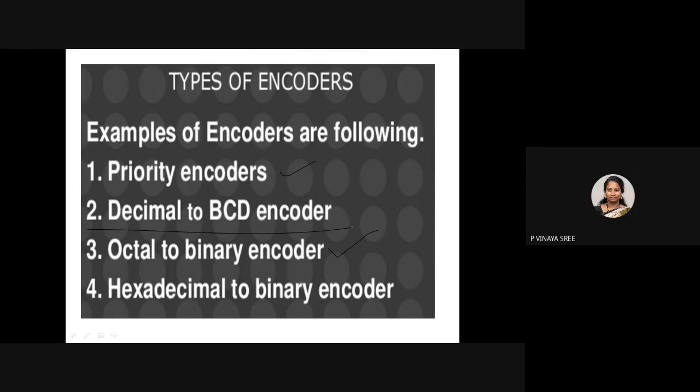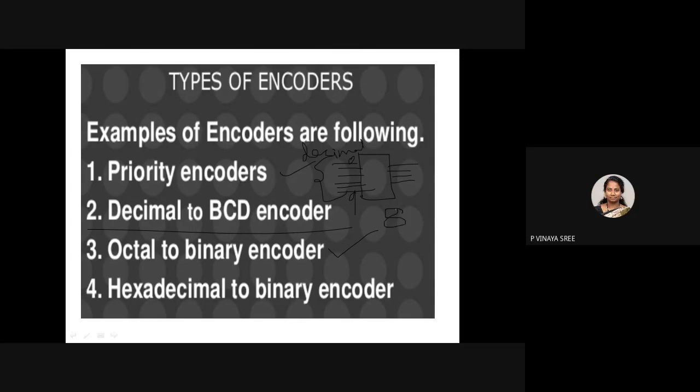As we are implementing encoders for decimal to BCD, the input is 10 inputs, from 0 to 9. What will be the output? BCD is represented in how many bits? 4 bits.